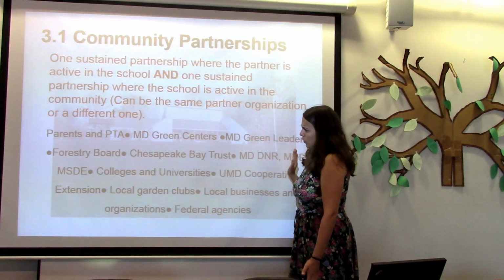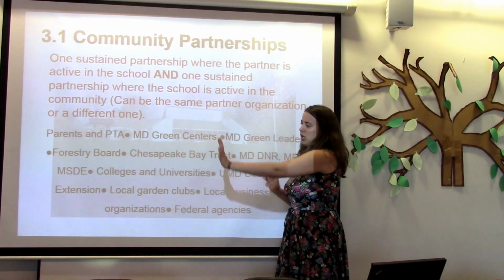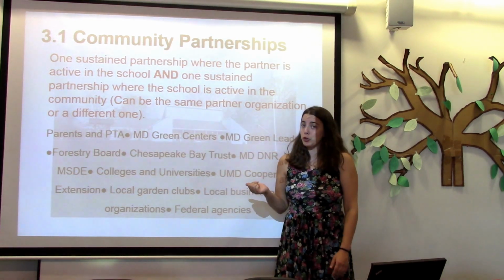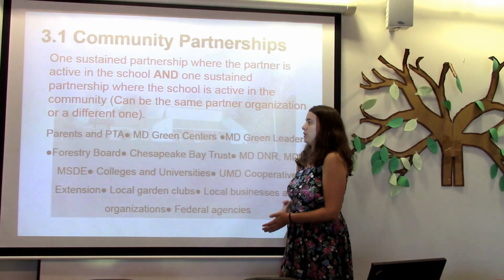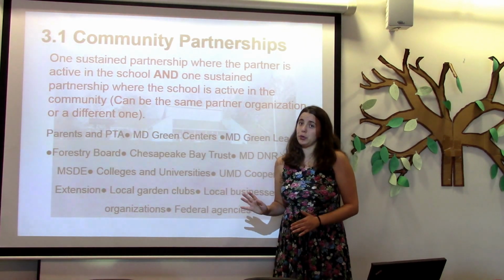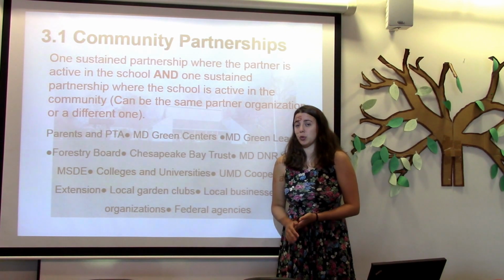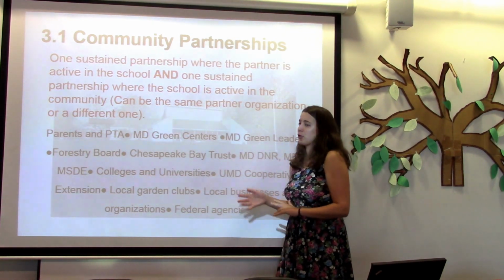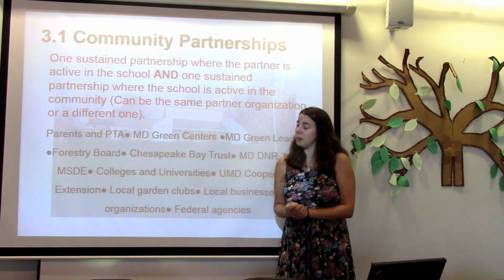So we have here just a small list of the different partners you can find. That can be Maryland Green Centers. They have lots of resources for you to use. They're really excited to help schools. They may be a nature center or with the school system.